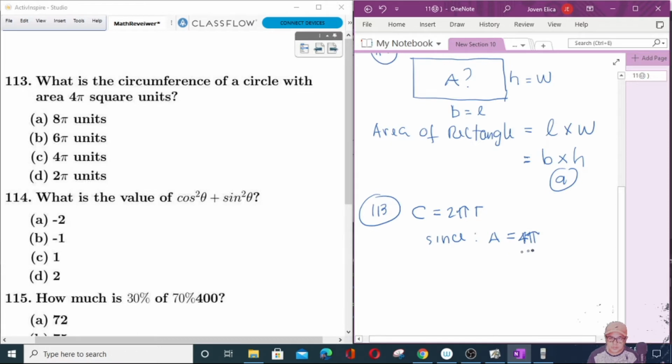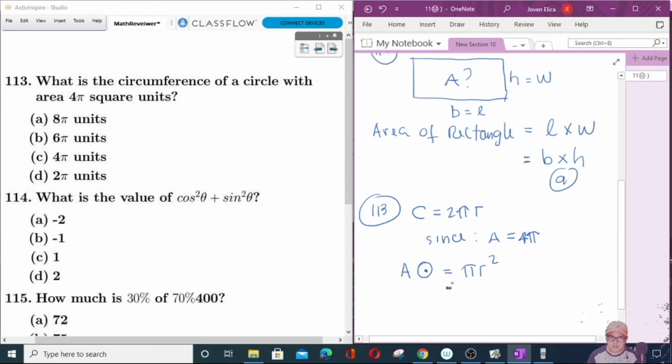From the given area, we can now calculate. The area of a circle is equal to pi r squared.